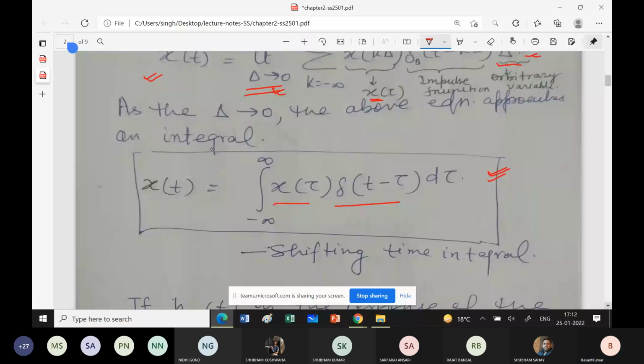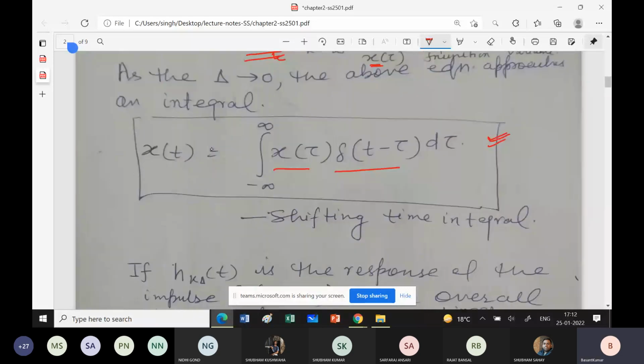So what we find is that in case of discrete time, any sequence can be represented as a summation of scaled versions of the impulse.